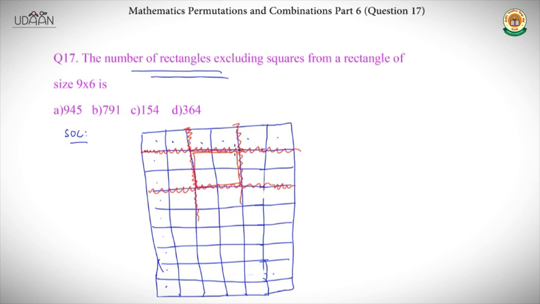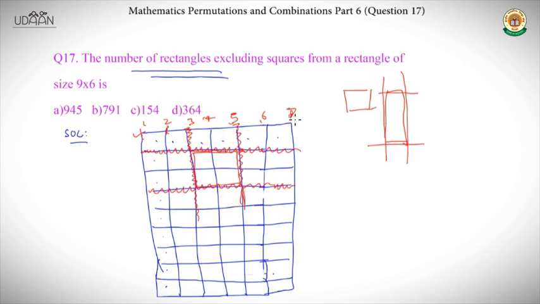So to form a rectangle or a square, you need two lines from the rows and two lines from the columns. So we count the lines: 1 2 3 4 5 6 7 8. We have 7 lines in the column space.